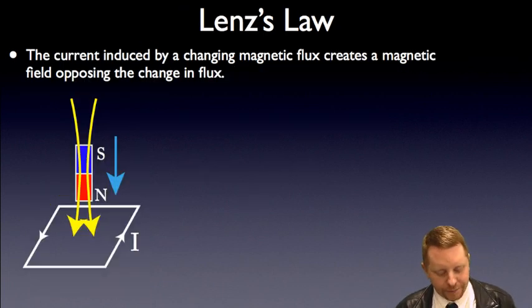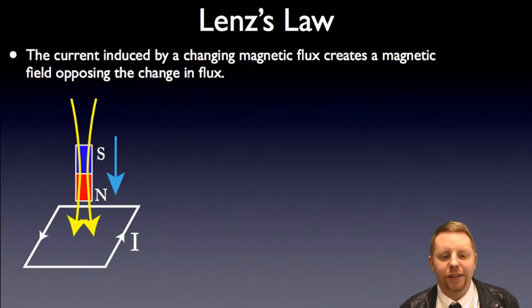So Lenz's law says that the current induced by a changing magnetic flux creates a magnetic field opposing the change in flux. This is how we get the direction of that induced current. For example, here we have a bar magnet being pushed into a loop of wire. As it's pushed into that loop of wire, we're going to have more flux pointing in this direction going through the loop.